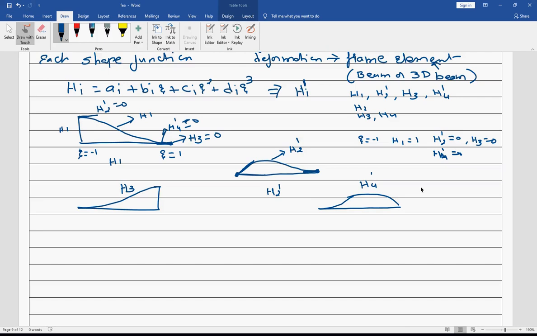These are all the shape functions. So just let me know whether you understood this or not. Come on quickly, or if you have a question, you can ask.